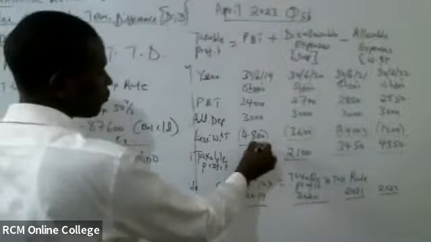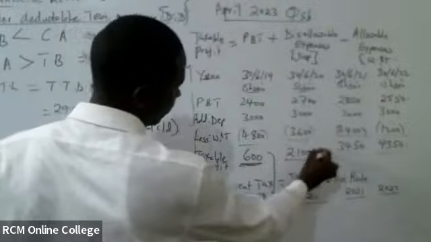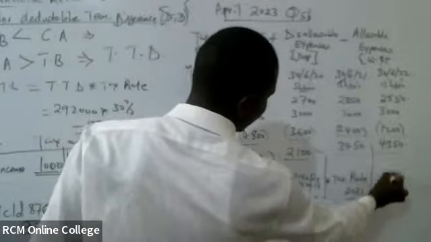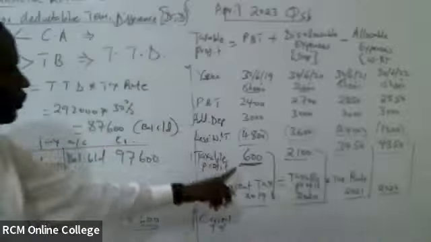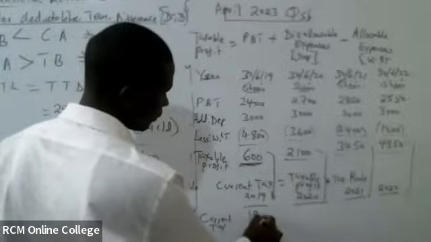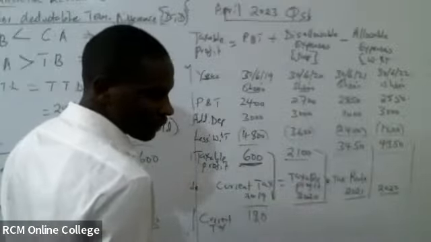What is 30% of 600? Remember, sasa hii ndio tunaleta hapa. 30% of 600 nakuwa 180. Haya, hii ingine 21, 30% of 21.